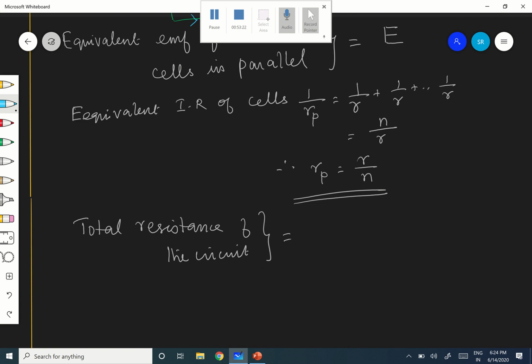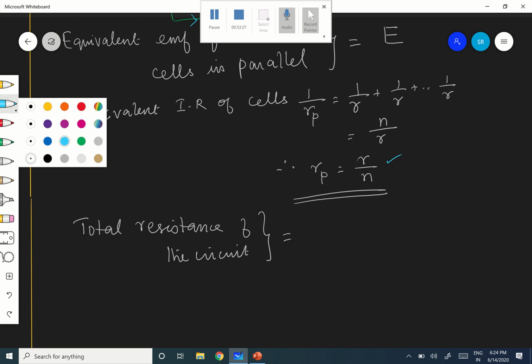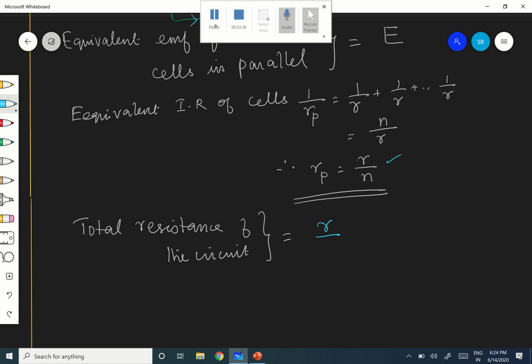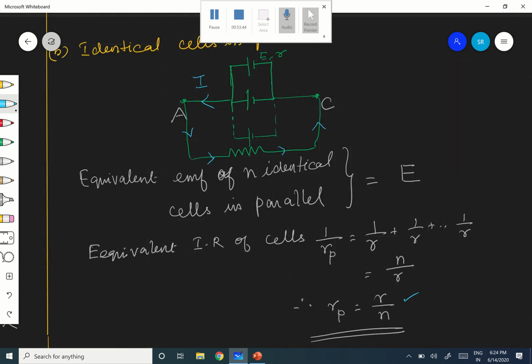Now what is the total resistance of the circuit? What is the total internal resistance? r by n. Plus R. Why? All are connected in series with the external resistance. These n r's are connected in parallel, the net is r by n, and that is connected to the external resistance R in series.